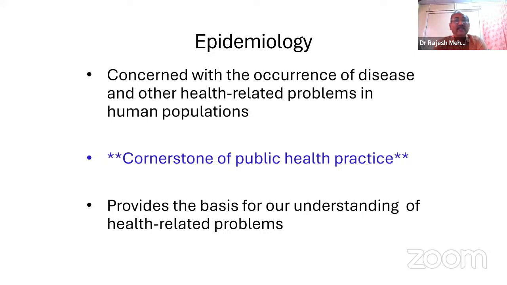And not only health-related problems, we can study health-related events. For example, a few people are having perspiration at this season, and a few people are not. So what is the morbidity profile between the two groups, having perspiration and not having perspiration? That is also possible.